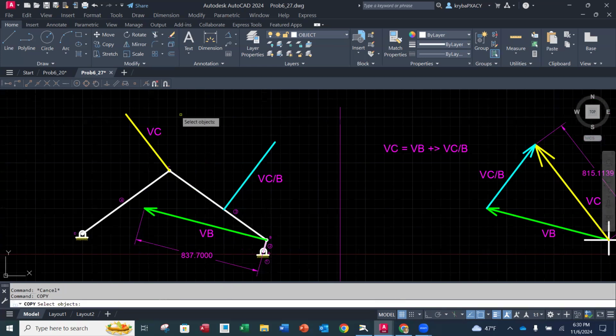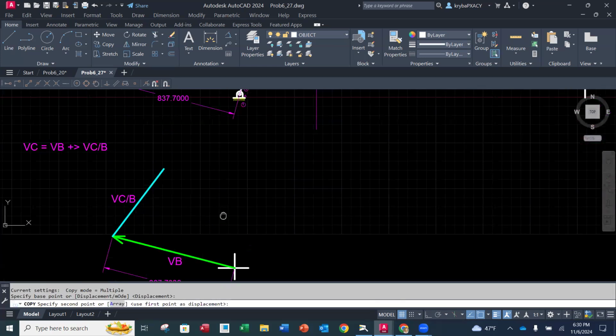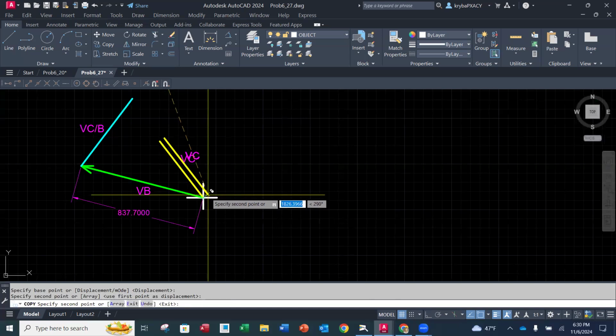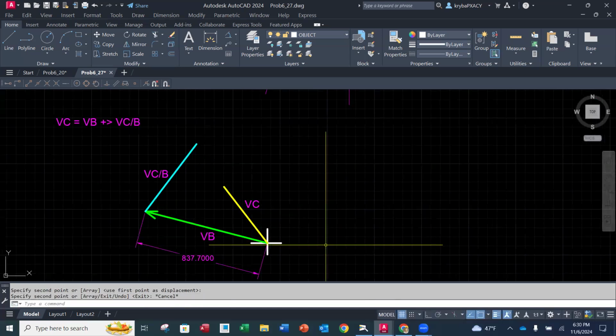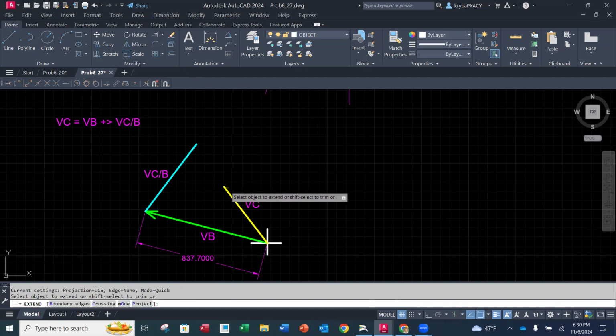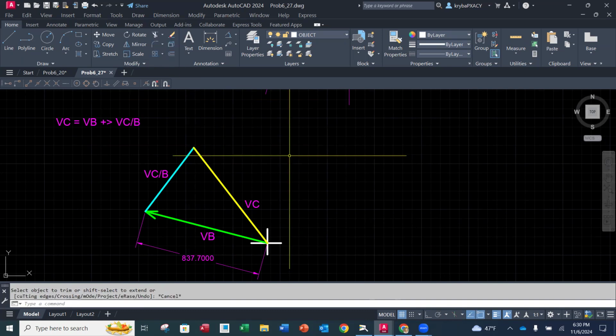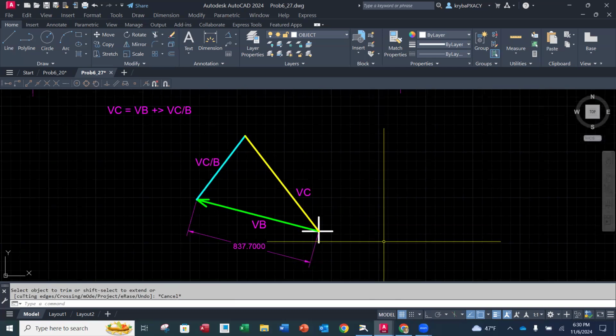I'm going to copy that, its label, endpoint, and I'm going to go to the origin with its tail. Okay. Now you can see there's going to be an intersection that's going to form up here. So I'm going to do an extend to that. And then I'm going to trim that little extra that's there. Okay. So you should have something that looks like this.